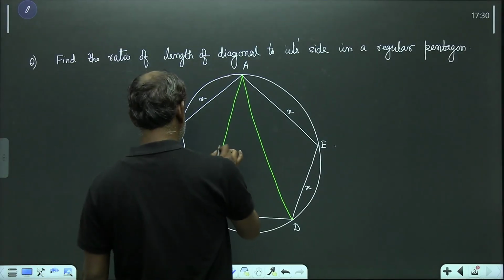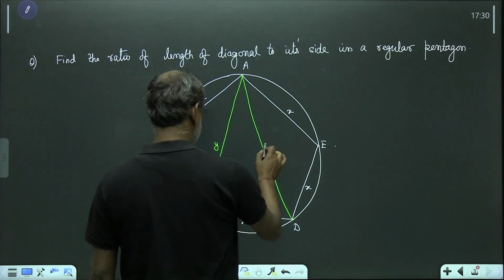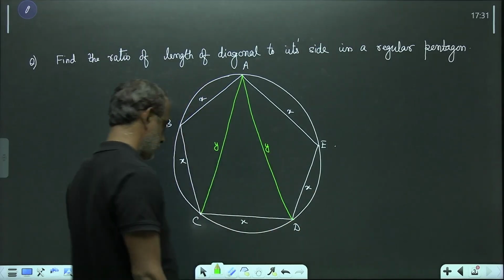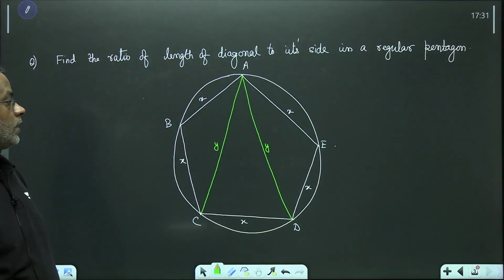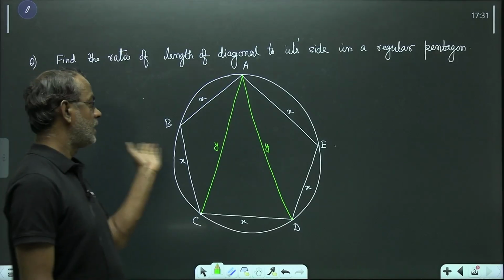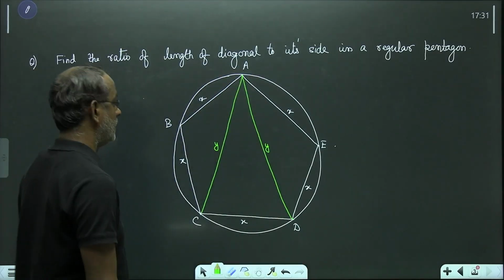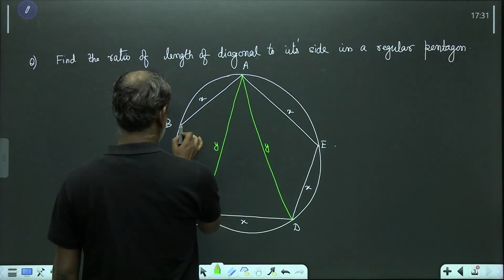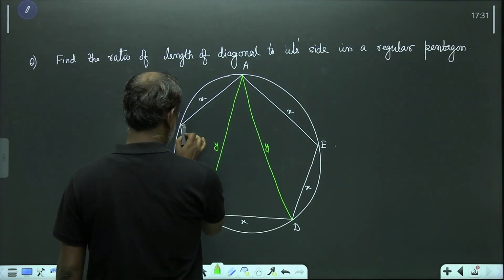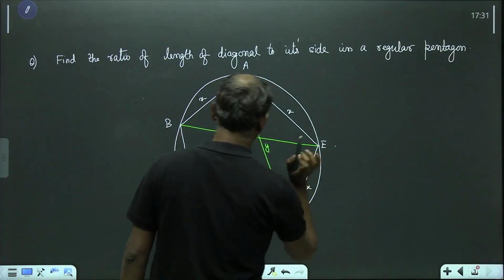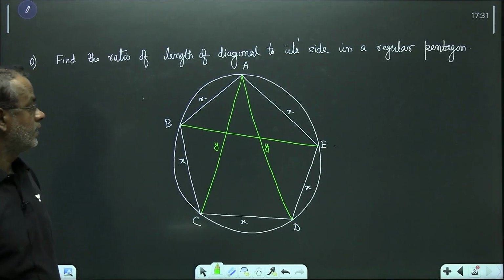So, if these lengths are y, okay, we can draw some more diagonals. That is not a big deal. Let me draw one more diagonal. This will also have length y.